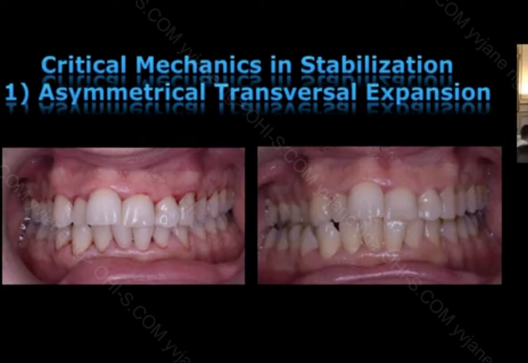So in my repositioning protocol, I placed this material, which is Tri-Gel, for about 3 months in these patients. I see whether the patients are comfortable, they are not breaking the material, and they stay like that. The fact that they are not breaking the material is really essential because this material is brittle.